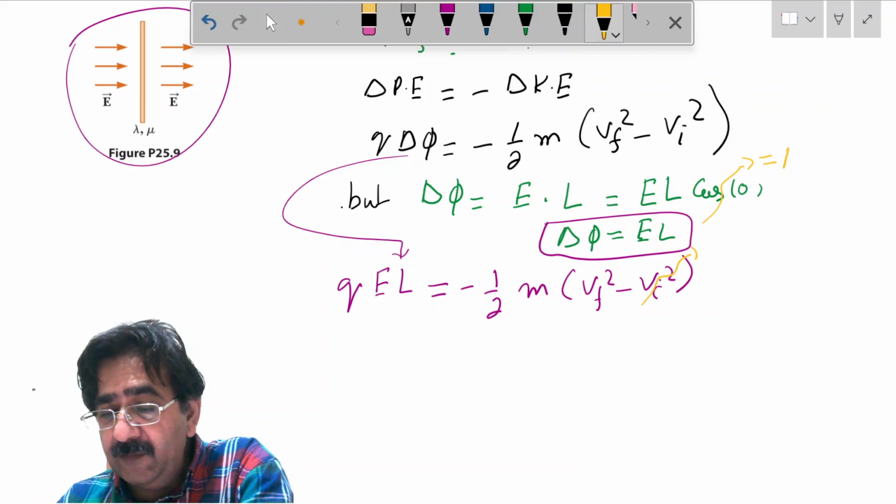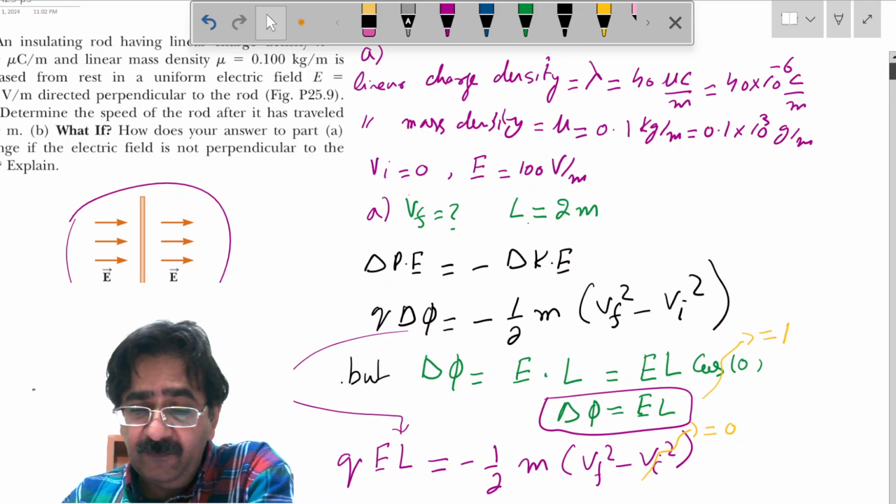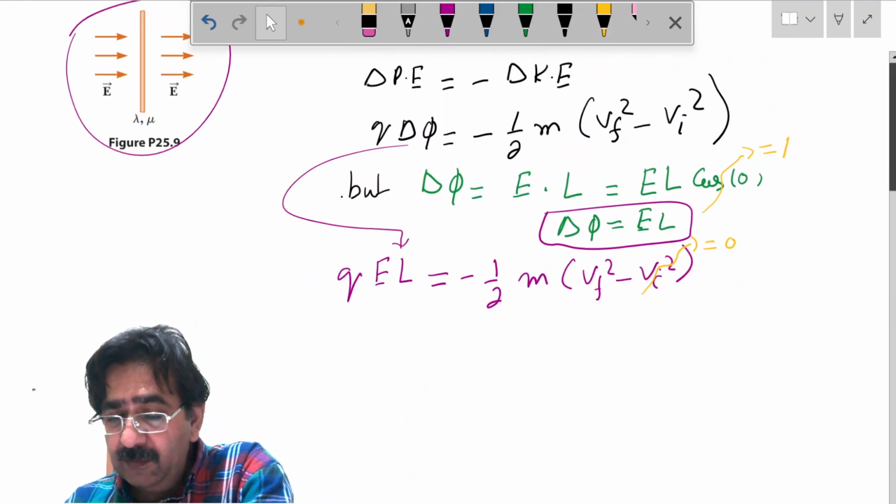As we know, it is given that the initial velocity is 0.